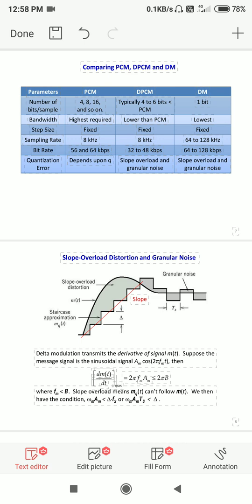In DPCM, typically 4 to 6 bits are used, which are less than PCM. And in delta modulation, only 1 bit is used for encoding. So the number of bits per sample is only 1 for DM, delta modulation. Then for bandwidth, PCM requires the highest bandwidth. For DPCM, lower bandwidth than PCM is required, and DM requires the lowest.